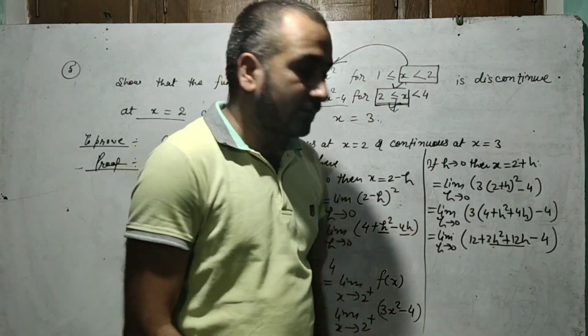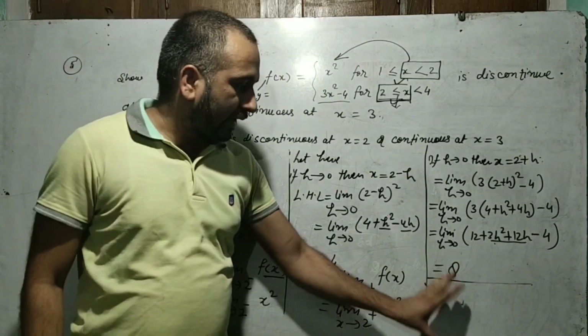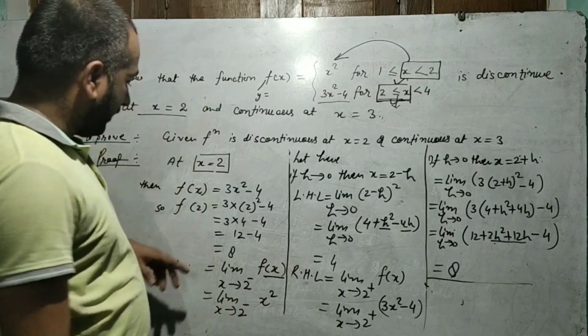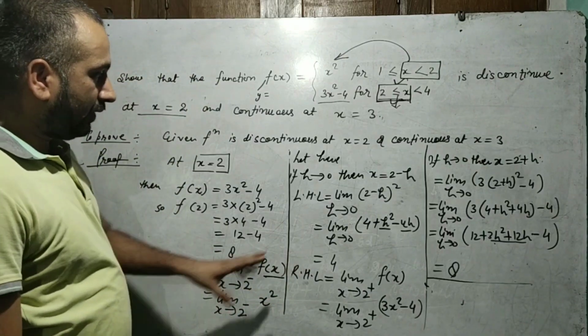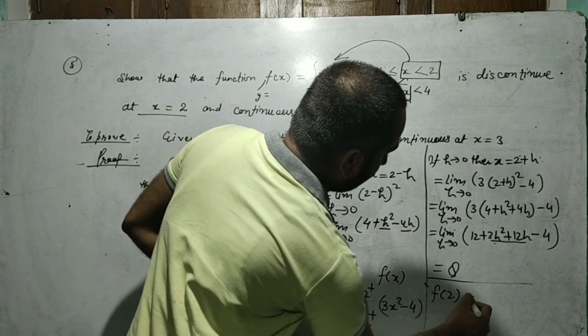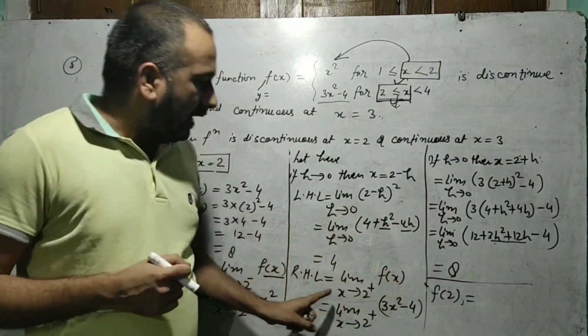So 12 minus 4 gives 8. Students, here you are getting the value of the function f(2) is 8 and the RHL is also 8.